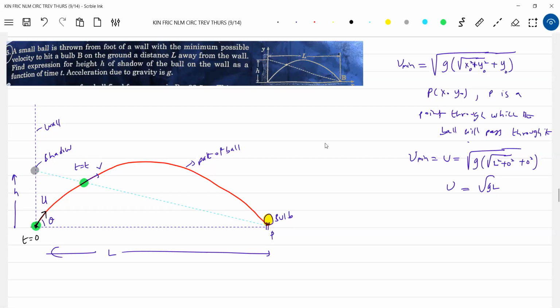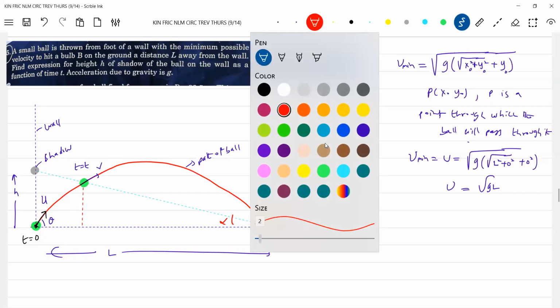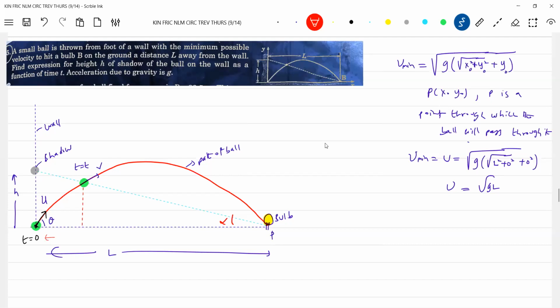Okay, let's get into the calculation part. It's very simple. At any instant of time, it will be at a distance x, and this will be y. What is the expression for range?